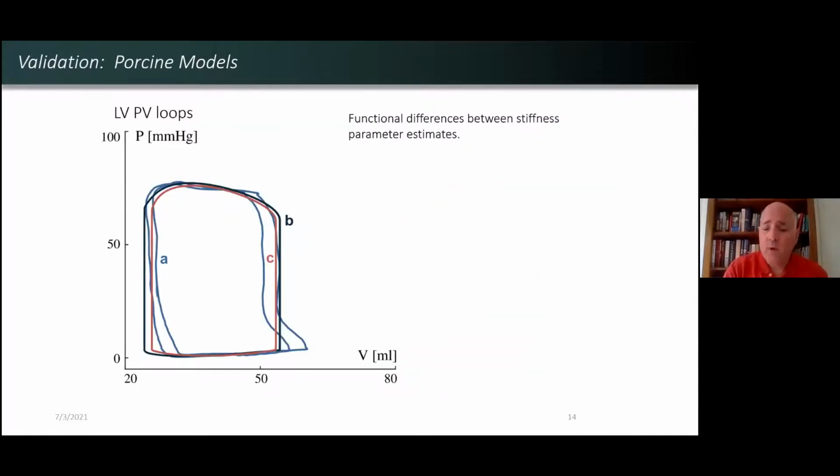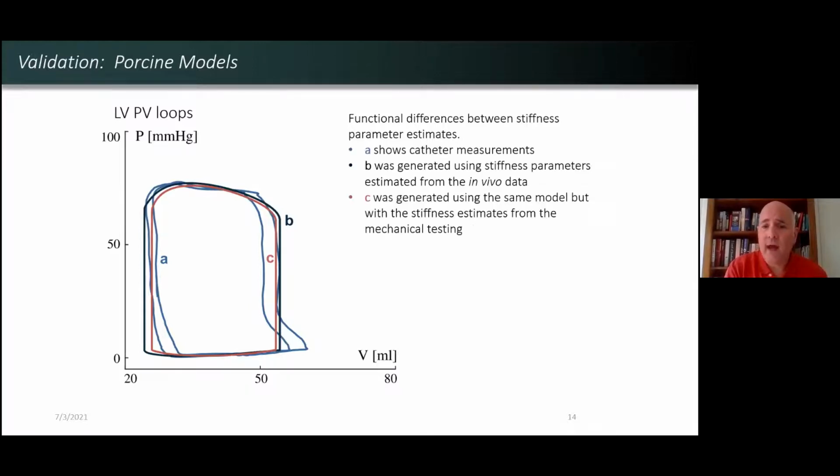And more importantly, when we look at how they predicted pressure volume loops in the animals as compared to those we measured, the blue being what we actually measured in the animals, the B being the pressure volume loop that was predicted by the in vivo parameters, and C by the ex vivo parameters, they're actually fairly similar. So at least for LV stiffness, the basic idea is that these properties, despite very significant differences in the parameters, can be quite similar.